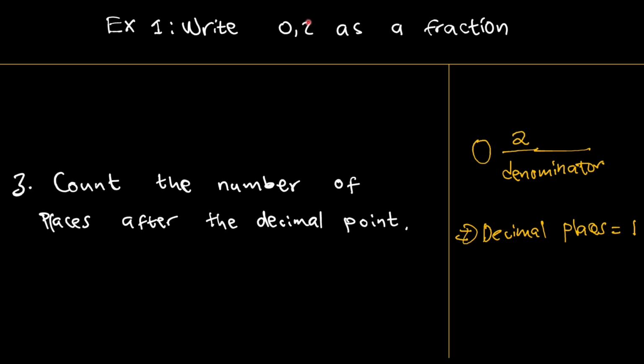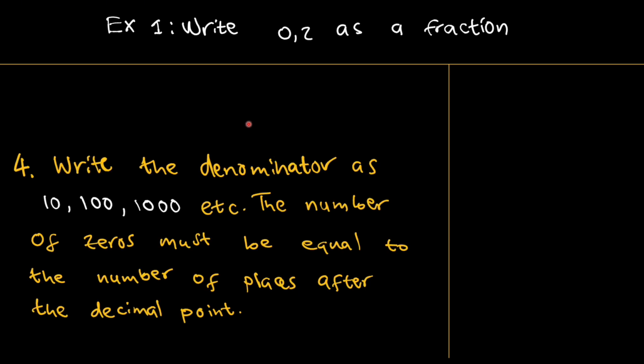So if I had 2 numbers after a comma or a decimal point, I would have two decimal places here. Keep the whole thing in mind. Let's go to the next slide.